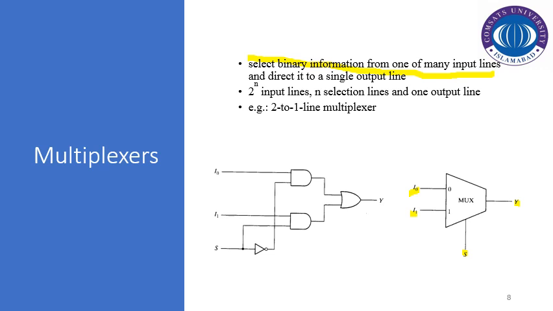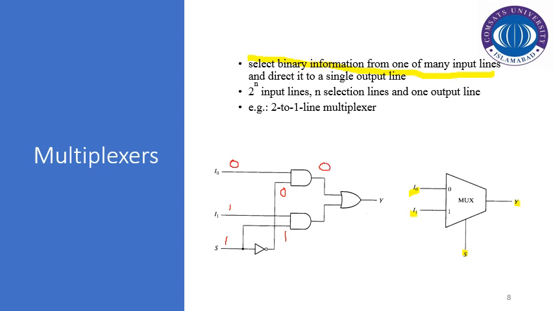Let us assume that we've got the value of I0 equal to 0 and I1 equal to 1, and the select line is equal to 1. So for this gate, this line is 1, which is inverted by this NOT gate, and here we get 0. So this AND gate produces 0.